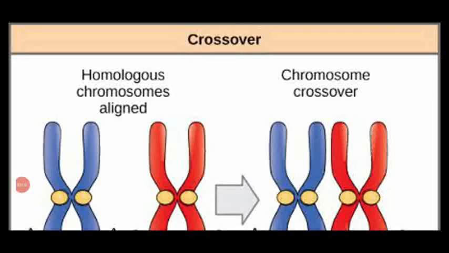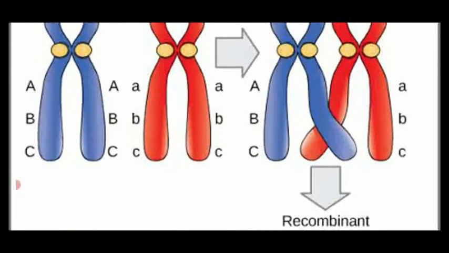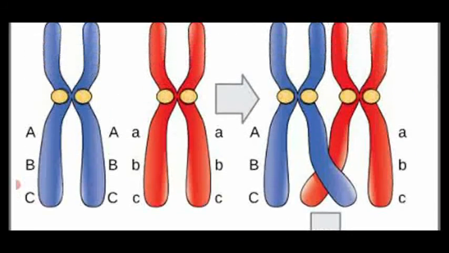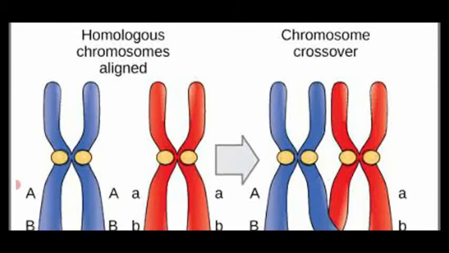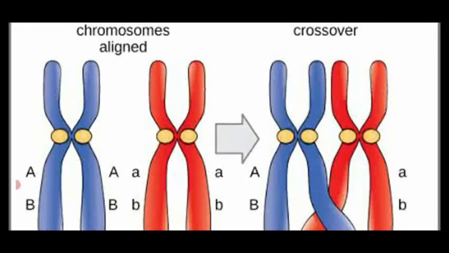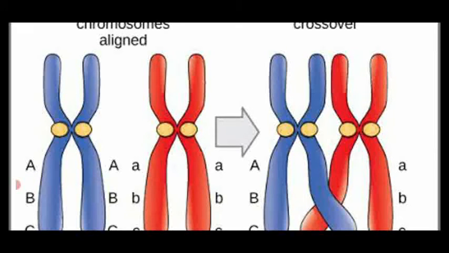Dear students, we are going to see crossing over. The next topic is also the same one. This diagram shows the different processes or stages of crossing over. First, homologous chromosomes are arranged side by side. See, 2 sets of chromosomes. One is in blue color, another is in red color.